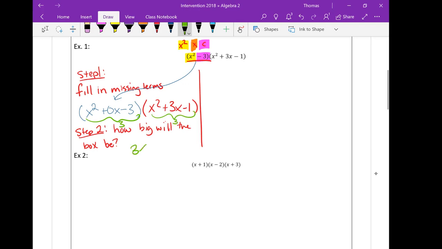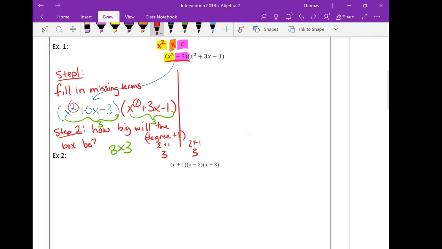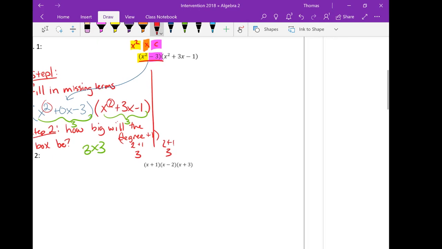So initially it's going to be 3 by 3. Another way to think about that is the degree of each term plus 1. The degree of our first expression is 2, so 2 plus 1 gives us 3. The degree of our second expression is 2, so 2 plus 1 gives us 3. You could either count the terms in both of your polynomials, or look at the degrees of each and add 1. All right, now we're ready to make our box.